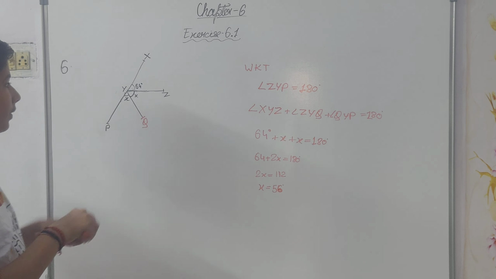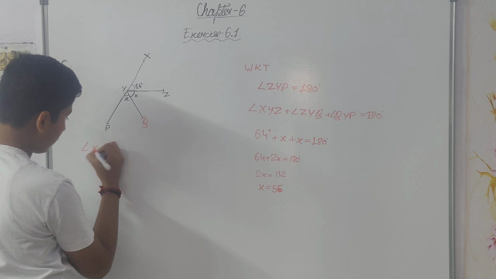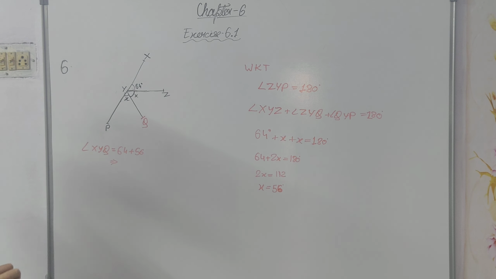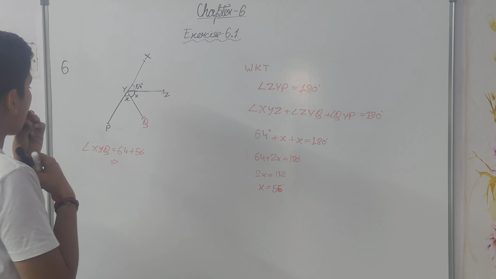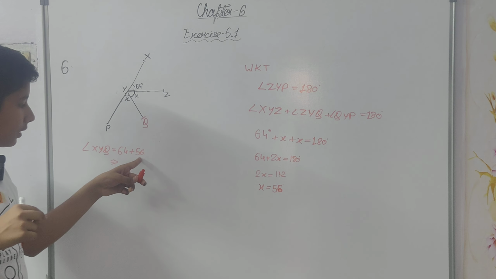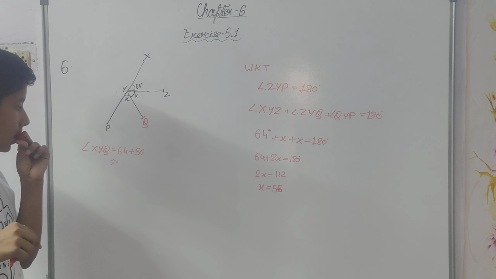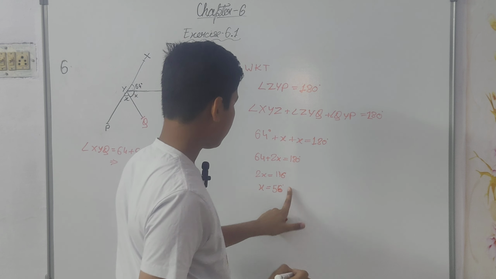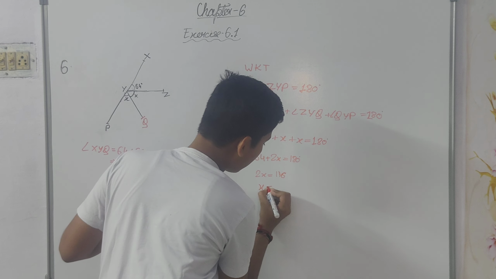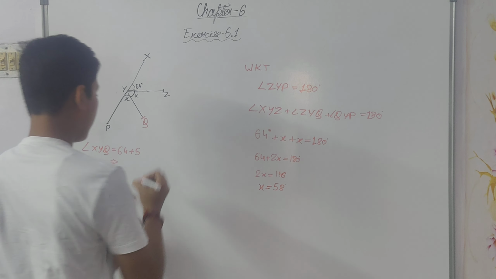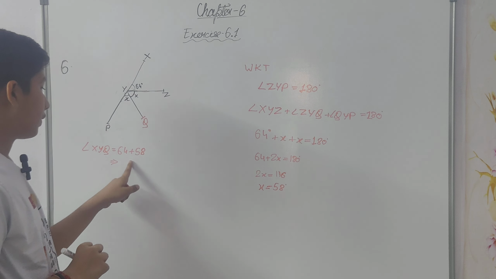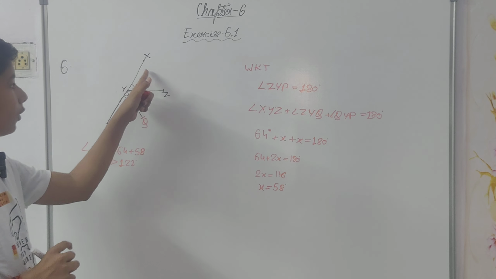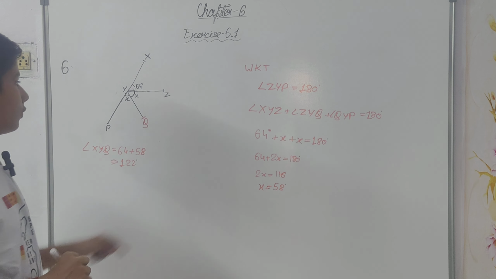So now firstly we have to find angle XYQ, which equals 64 plus 58. That is 122 degrees. XYQ is 122 degrees.